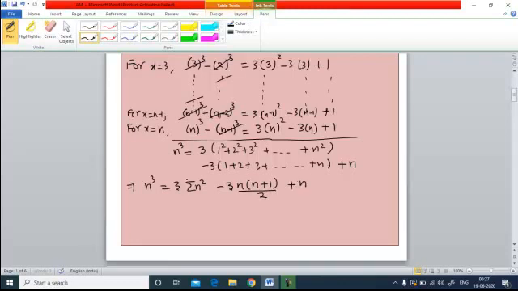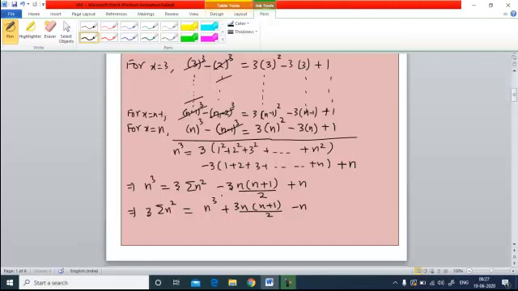So we'll keep this term on one side, rest all we will shift to the left hand side, and we are going to solve. Okay, so it is cube of n plus 3 times n into (n plus 1) by 2 and then minus n.